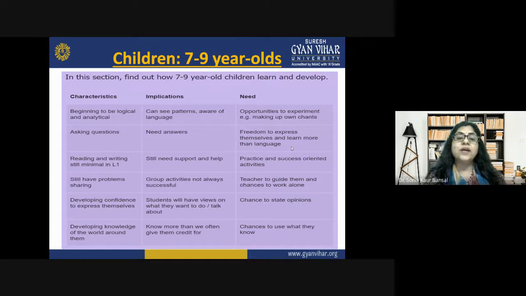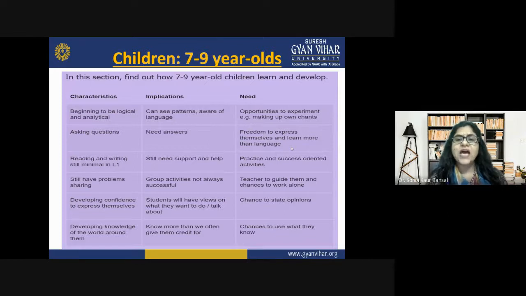Till the age of 6 or 7, the child was getting exposed. Now the cognitive abilities are also being developed. The child is becoming a little logical, and can see patterns and is aware of language. Okay, this language is English, this is Hindi, this is Sanskrit, and the child is able to differentiate. The child is able to see different patterns, how the teaching is done, and how the patterns are evolving.